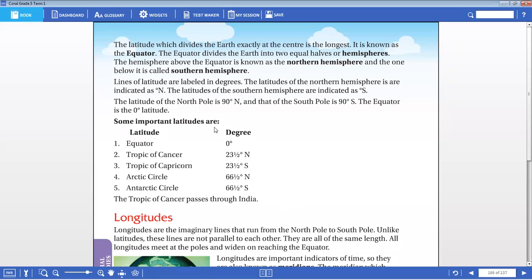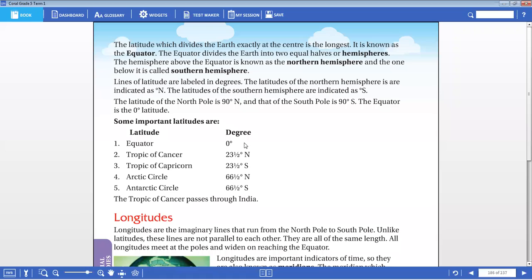Here are some important latitudes, children. We learned about 90 degrees north and 90 degrees south, but the other latitudes are given in a smaller table. At the equator, what is the degree, children? 0 degree.